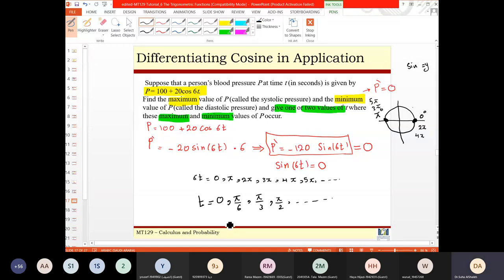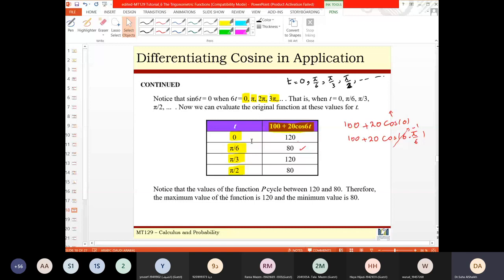They said to give at least 1 or 2 values where we have maximum and minimum. So I'm going to choose 0, pi over 6, pi over 3, and pi over 2. To know whether the value is a maximum or minimum, I'm going to put it in the original function, which is the P, the original function that they gave to me. P is 100 plus 20 cosine 6t. So first I substitute t with 0, and I see what the answer will be.